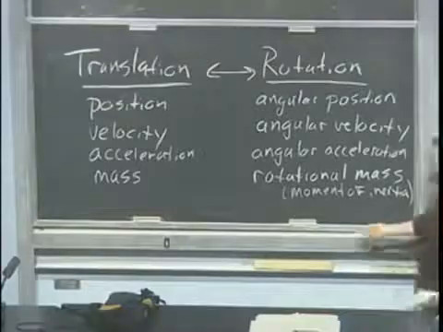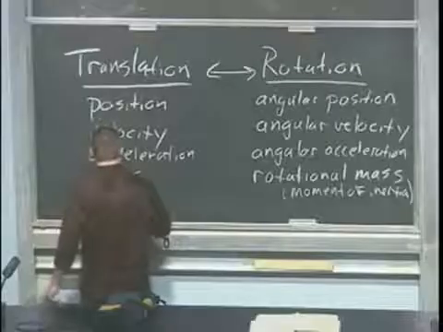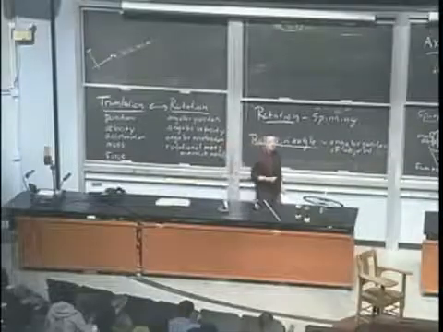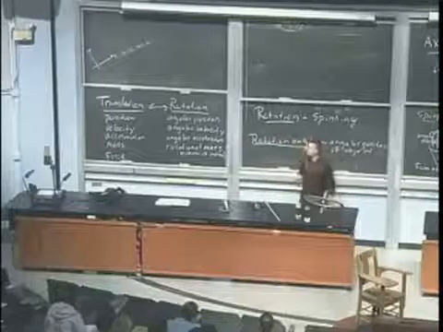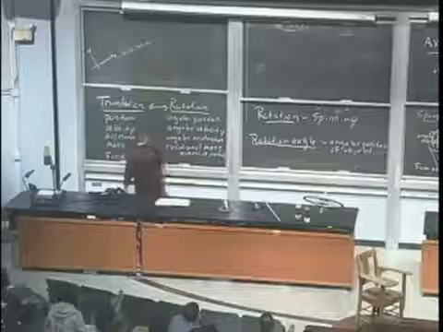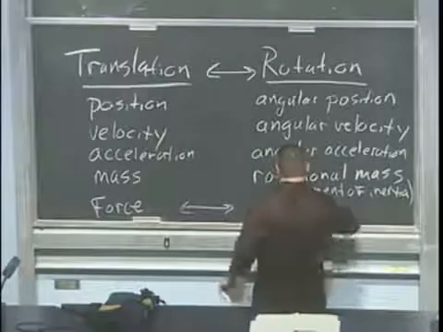And then the last quantity, which was really the focus of Newton's three laws: forces, how forces make objects move. Our direct analogy for angular motion is going to be called torque.